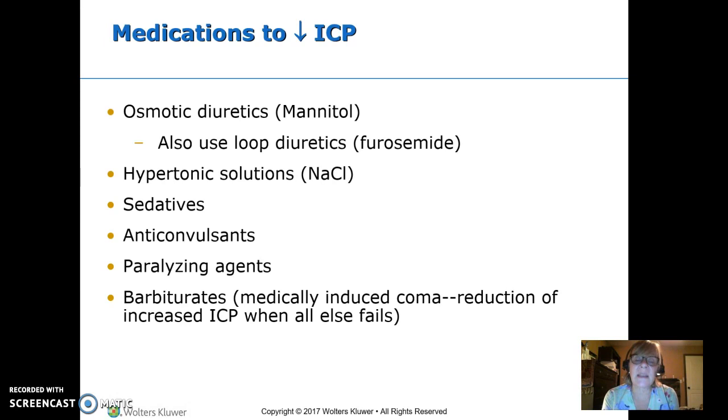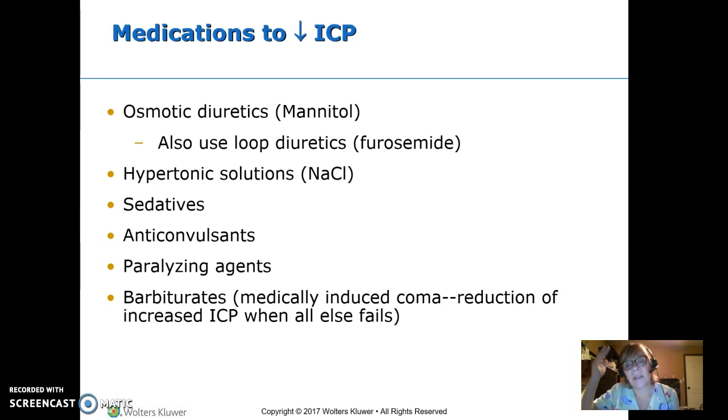If need be, sometimes we do a medically induced coma, and this is using barbiturates, and we don't like to, this is kind of a last resort. If nothing else is working, we're worried that swelling's going to keep getting worse for 2 to 3 days, 48 to 72 hours. We're going to put them in that coma, and we really don't know how they're going to do neurologically until after we let them wake up afterwards.